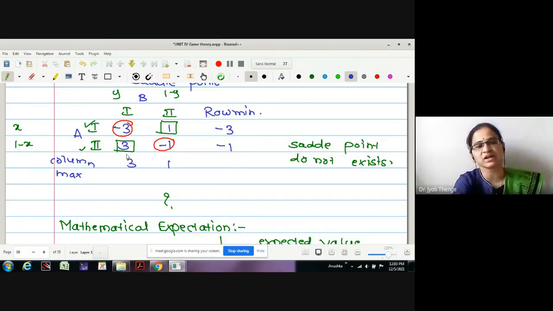Whenever we involve probability, we know the two properties of probabilities. Suppose player A chooses some m activities to play with probabilities x1, x2, ..., xm. All the probabilities should be non-negative and the sum of probabilities must equal 1.